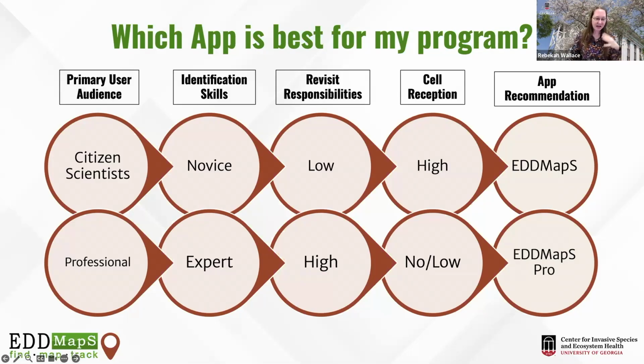It's a little bit more simple, and it has a field guide and things like that. If you are a professional, you have expert or near expert identification skills, at least on the species that you're going to be working on, if you are responsible for a particular area, such as a county or a number of counties, and so you're going to be revisiting these populations over time, and also if you're in an area with no or low cell reception, such as I've seen some of our Utah friends and Montana friends and Wyoming friends on, there's some sparse areas out there for reception, then that's when I talk about recommending the EDDMapS Pro app.